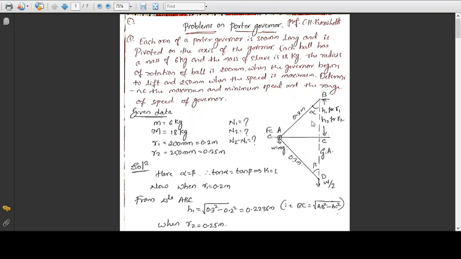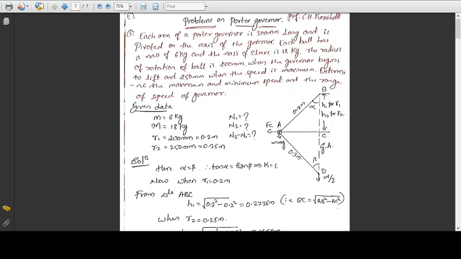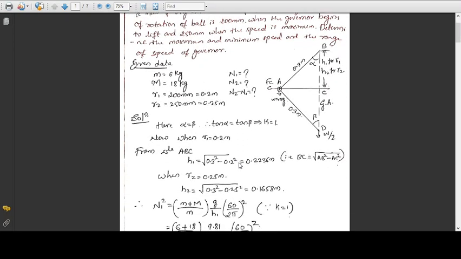From this figure you can see this is the length of the arm, given as 300 mm, so I have written it as 0.3 meter. This is alpha and this is beta. Now we'll solve this problem to get the minimum speed, maximum speed and range of speed.